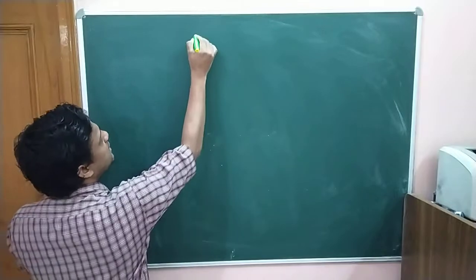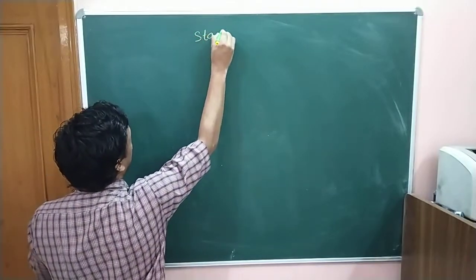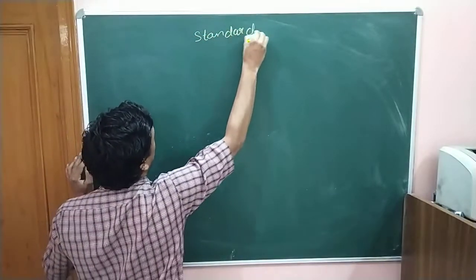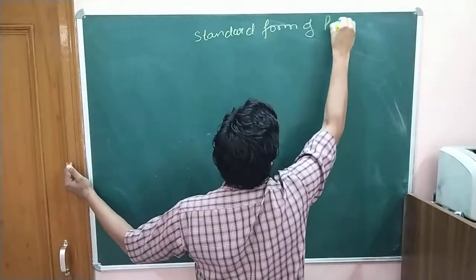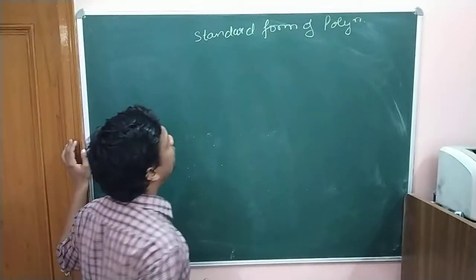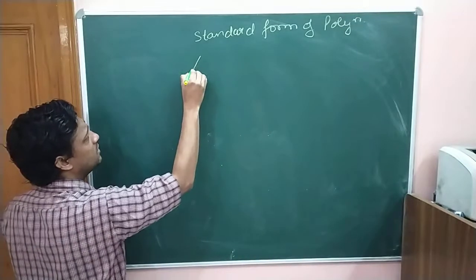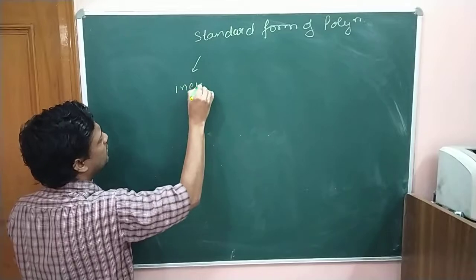Now, next topic is standard form of polynomial. A polynomial can be written in two ways. One is increasing order.